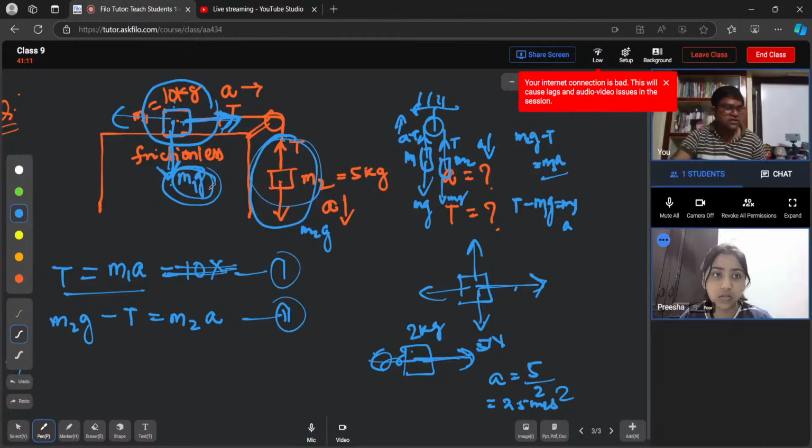It's just resting on the table, and there is a reaction force from the table holding it upward, that is called normal. Normal and M1g balance each other, which helps the object rest on the table.